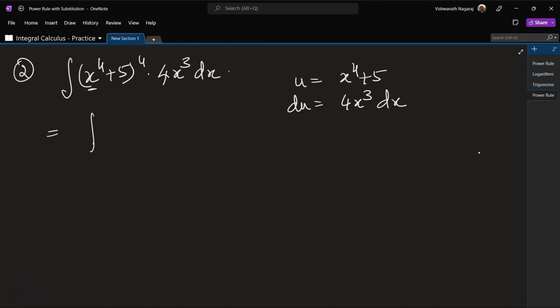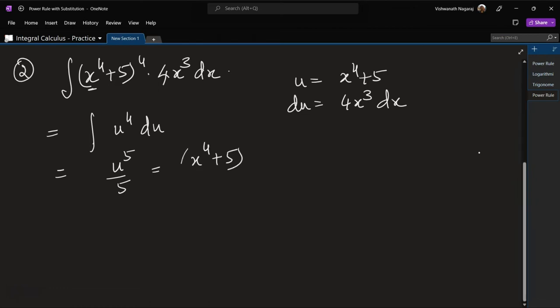Okay, so let's do the substitution. We get u^4 du, which becomes u^5 by 5, which after substituting back, (x^4 + 5)^4, no, not 4, 5, (x^4 + 5)^5 by 5 plus c.